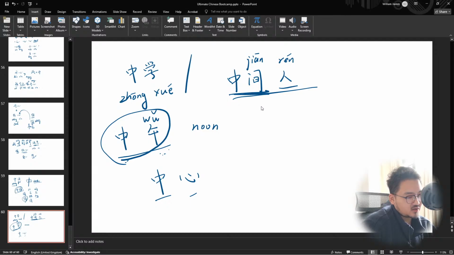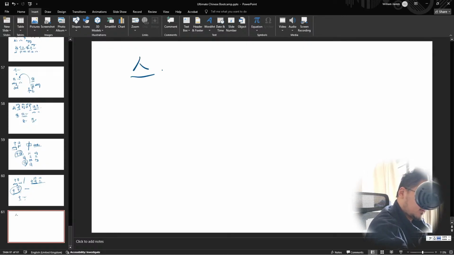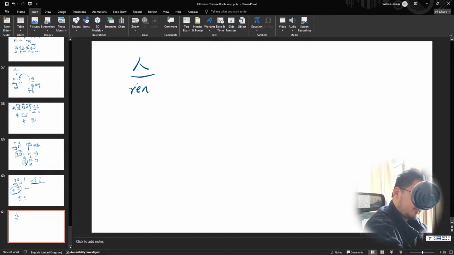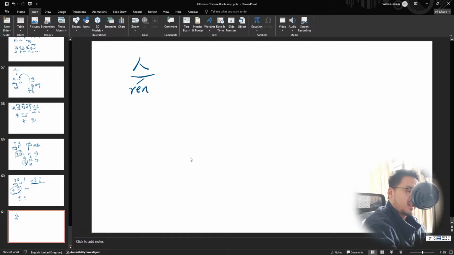Since we talk about 人, 人 is another 独体字, a single component character. 人一撇一捺即为人. So 人 means just human, man, human. Men, women, children, elderly, all of humankind. This is a really inclusive character.